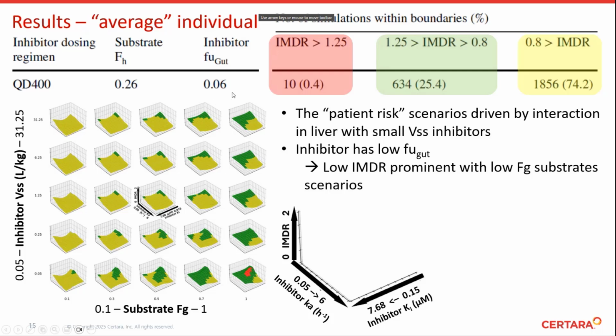Whereas, as the free fraction of the inhibitor concentration in the gut wall in the dynamic simulations is low, the sponsor risk cases will dominate in the scenarios where there is substantial gut wall metabolism of the substrate.